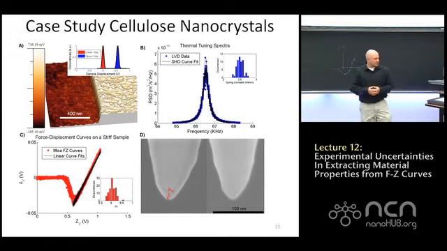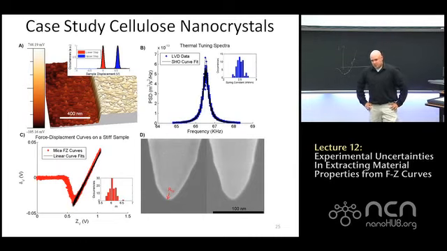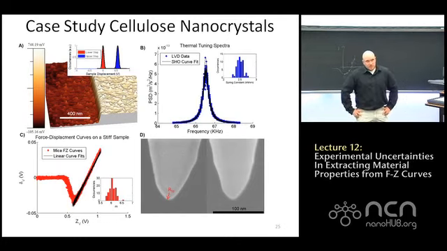And then lastly, the red curve at the bottom shows our collection of about 100 FZ curves on MICO, which is our stiff sample. Based on all those fits, we get a distribution for M, and that distribution was, I think, 6 plus or minus 0.03, which is about 3% uncertain.